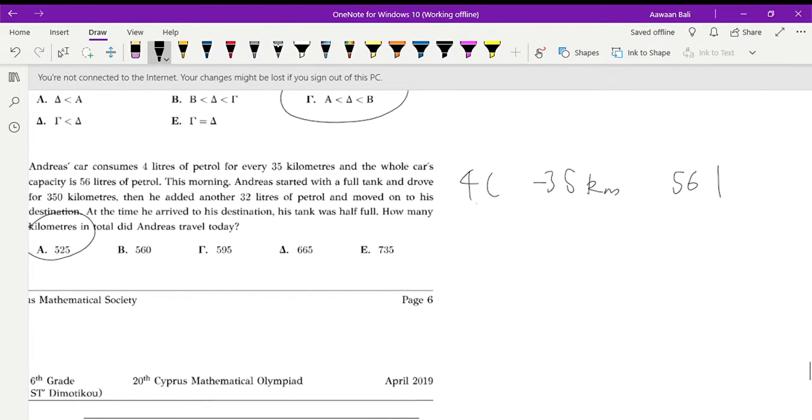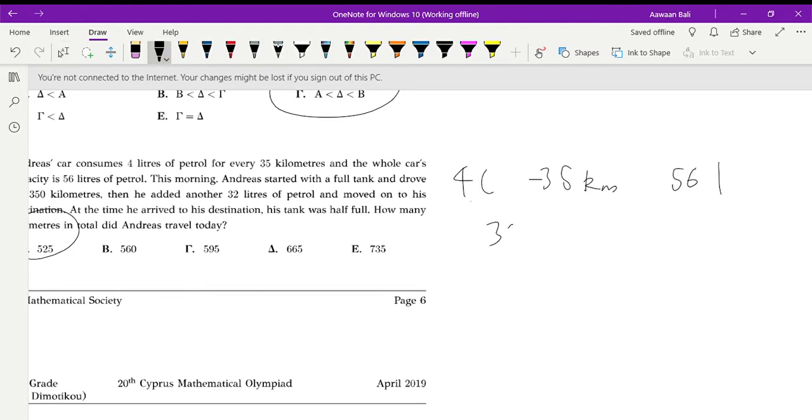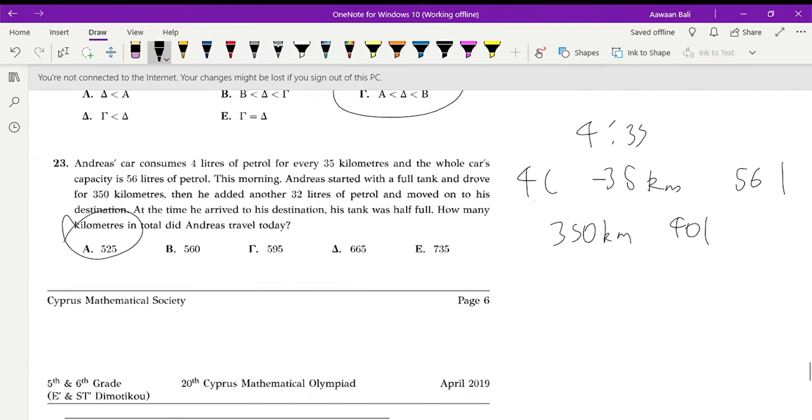This morning Andreas started with a full tank and drove for 350 kilometers, which therefore means if we're taking the ratio 4:35 here, you're multiplying both sides by 10, so we know that it's 40 liters.